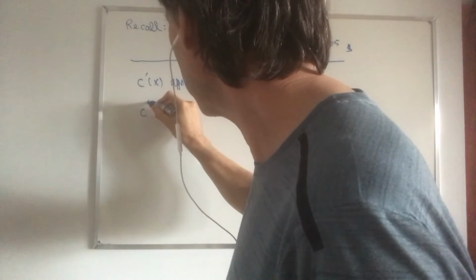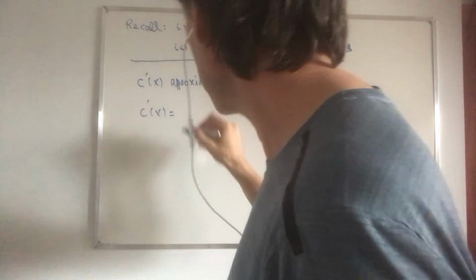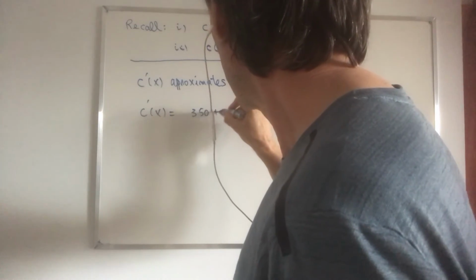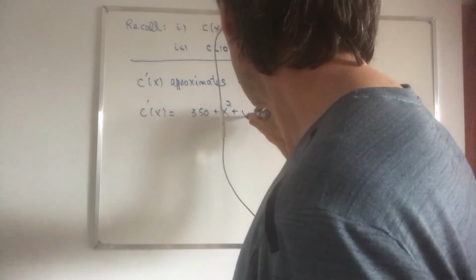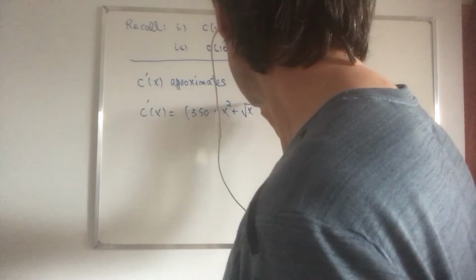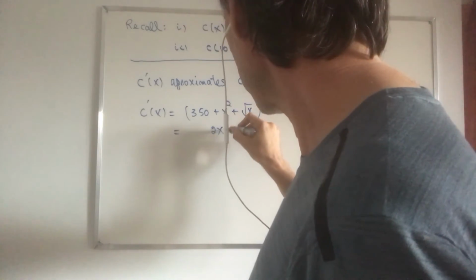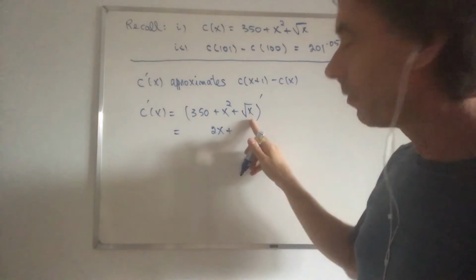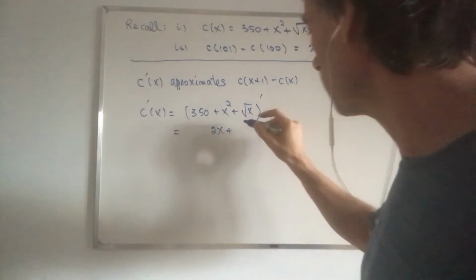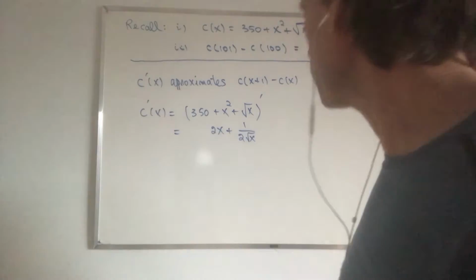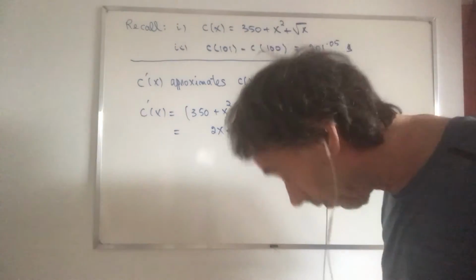So let's calculate C prime. That's the derivative of 350 plus x squared plus root x. Nothing difficult here. That's 0, that's 2x, and the derivative of root x we've done a gazillion times, so please allow me to go directly to the answer, 1 over 2 root x.